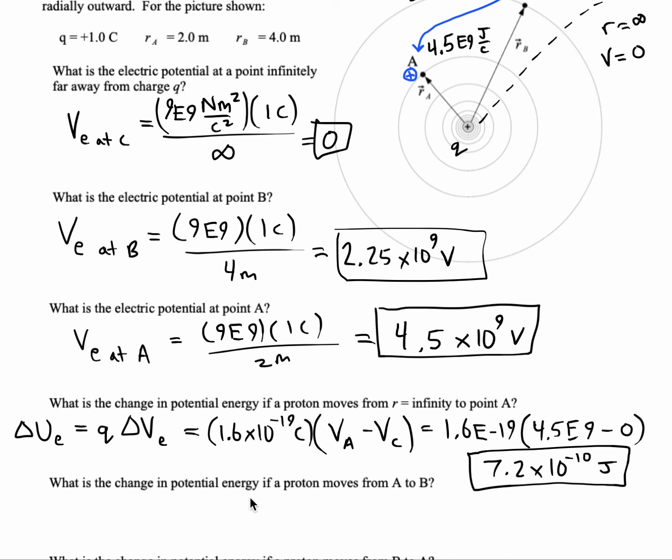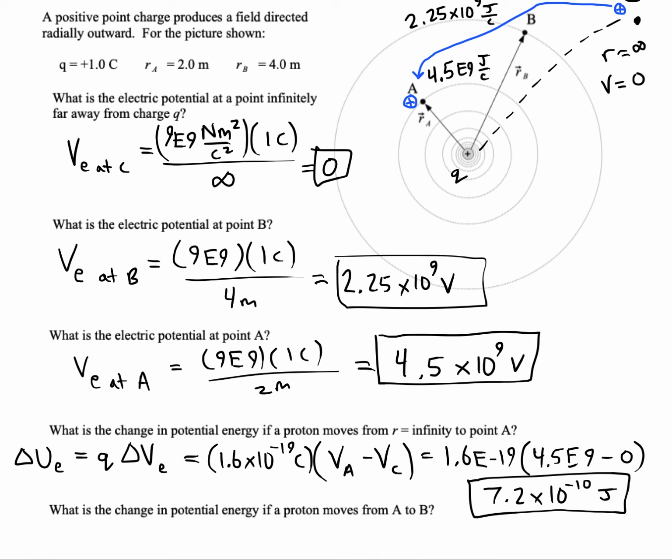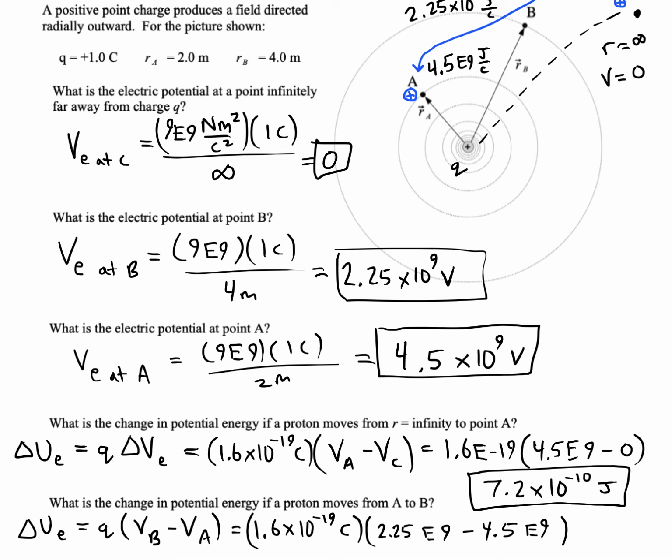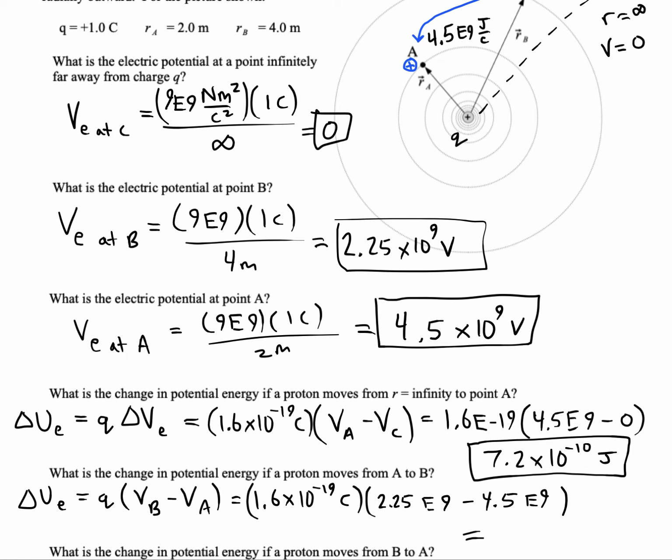Let's find the change in potential energy if a proton moves from point A to point B. Well, I'm just going to use the same formula for this. Only this time we'll do VB minus VA. That'll be our potential difference. So we'll have this. All right, that's the calculation we want to do here.